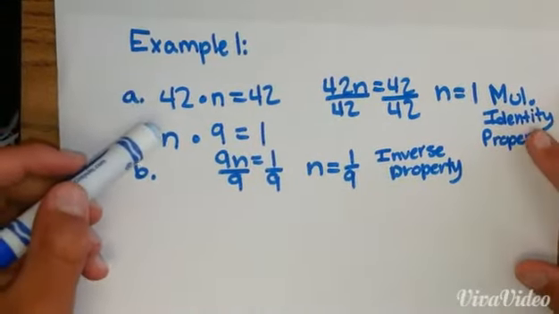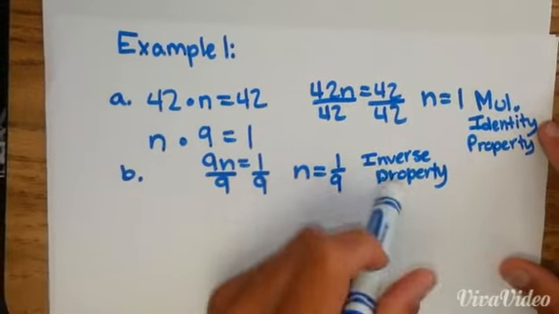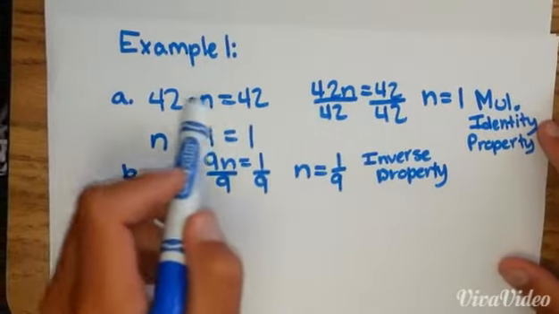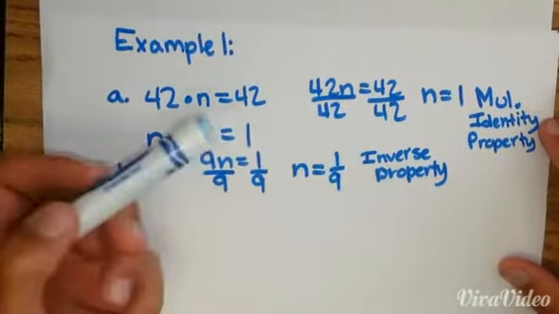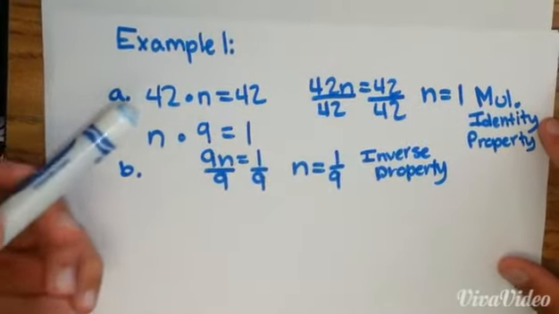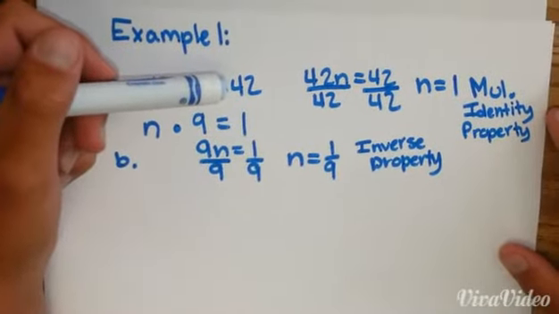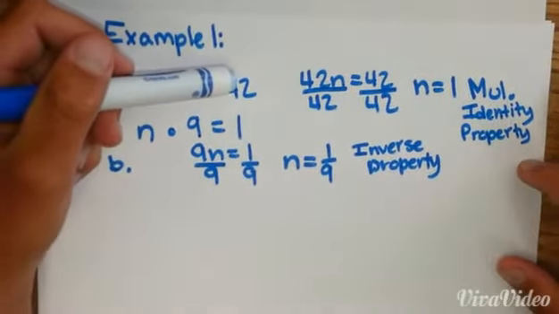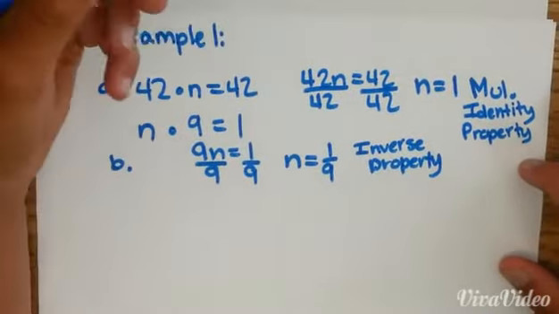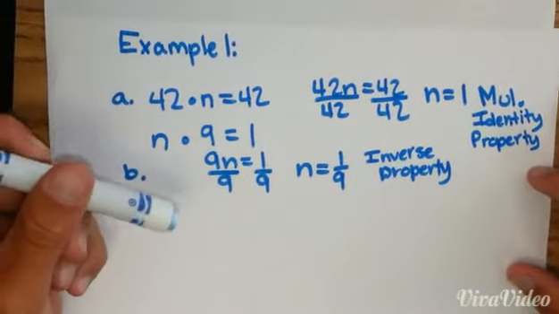So when you want to identify properties, you first have to solve your equation, obviously. When you have 42 times n equals 42, you divide both sides by 42, and n equals 1. And that's the multiplicative identity property, because any number times 1 equals itself, because 42 times 1 equals 42.